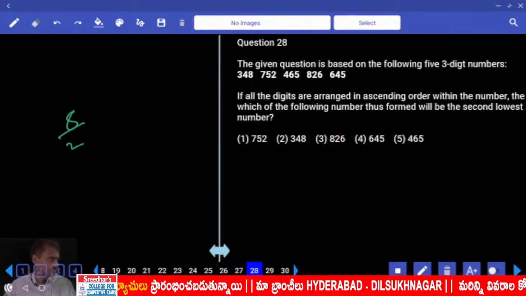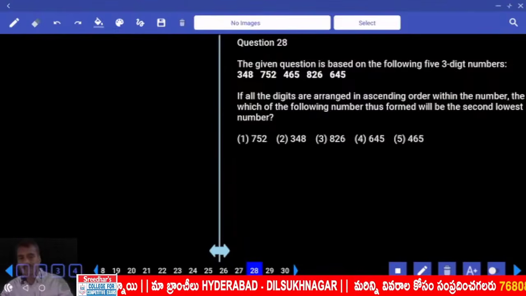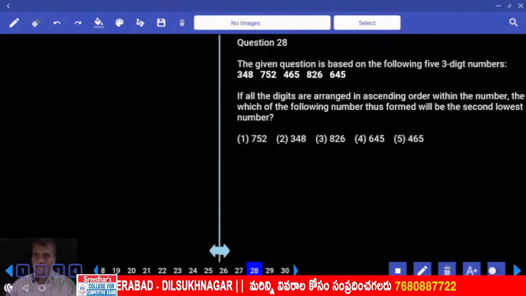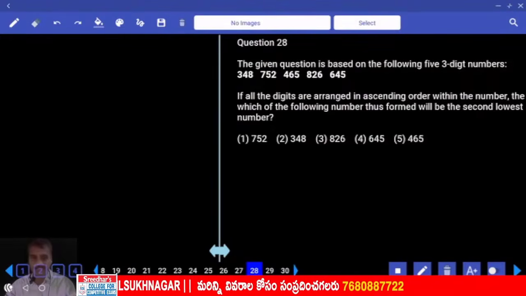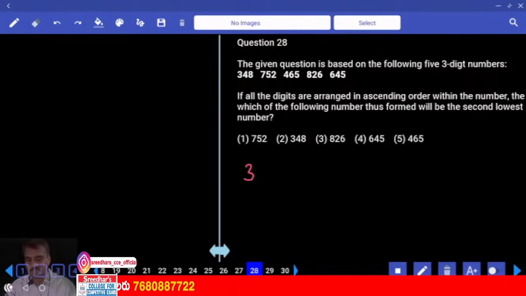Now in this 28th one, all the digits are arranged in ascending order within the number. Which of the following numbers is found to be the second lowest? Ascending order means in each of these, the lowest digit will always come at the first place.